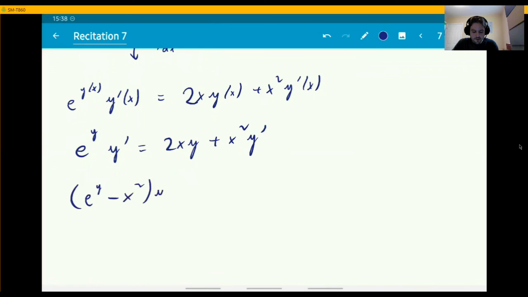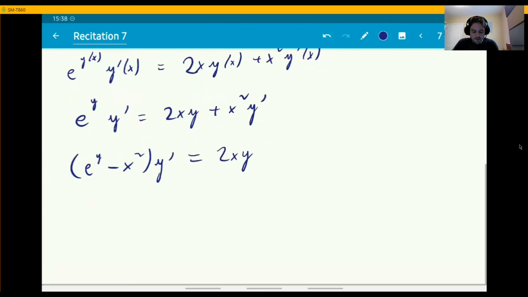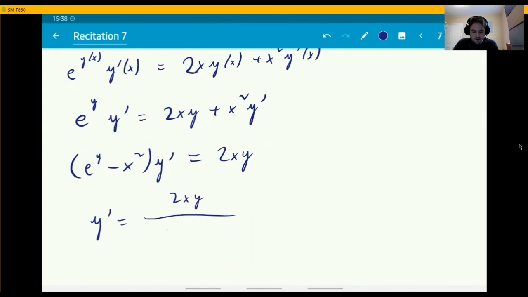In this case, you have something like this. So I basically moved the x squared y prime term to the other side. And on the right, you just have 2xy left. So solving for y prime gives you 2xy over e to the y minus x squared.